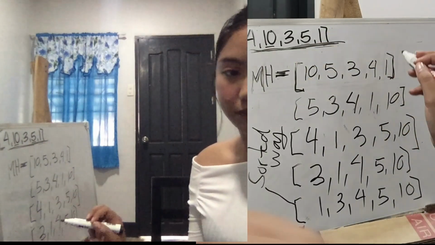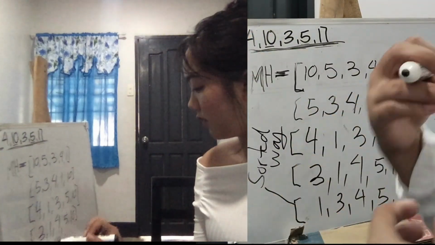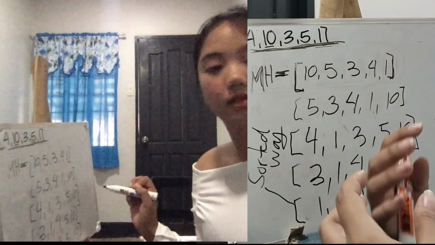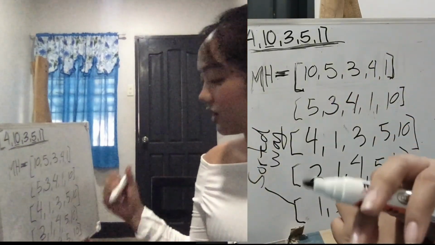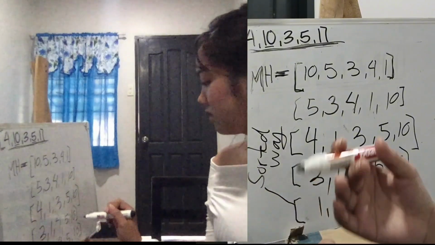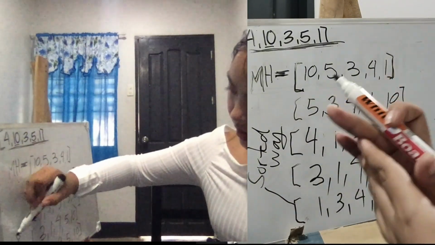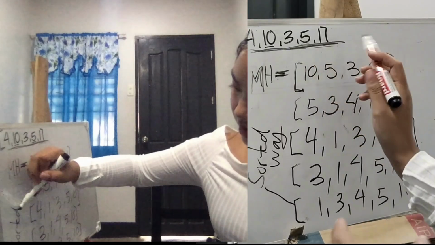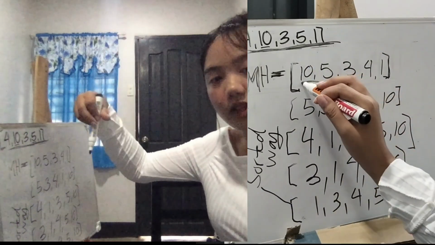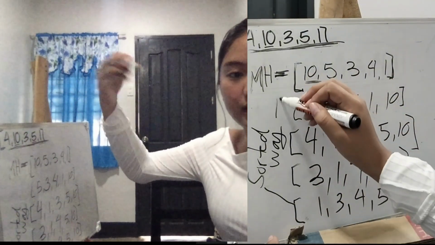So it's going to be 1, 3, 4, 5, 10. Then the sorted array is this one. And this is heap sort.